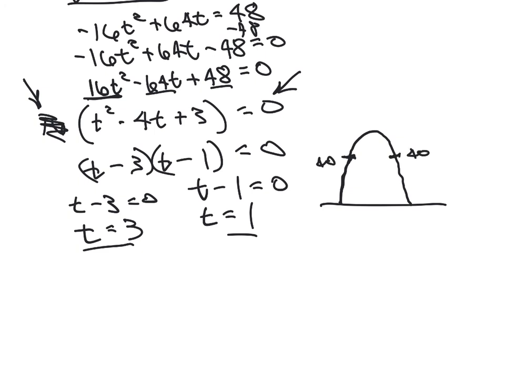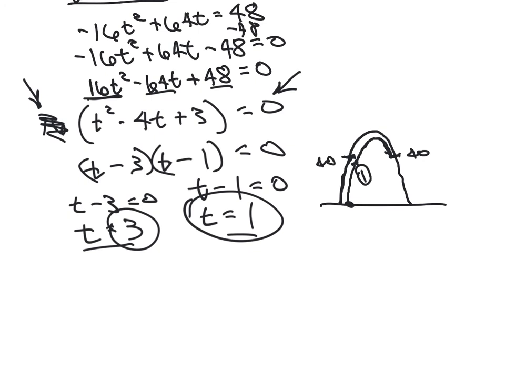So it's going to take a certain amount of time for it to get to this height, and a little bit more time until it gets here. For instance, when you throw it initially, it's going to take 1 second to get to that point. Then it keeps going, and when it comes back down and it's at 40 feet again, it's at 3 seconds.